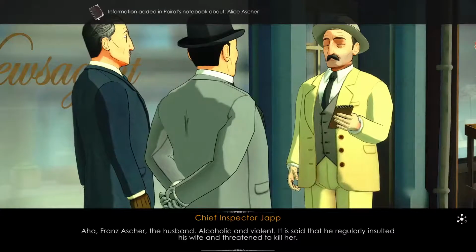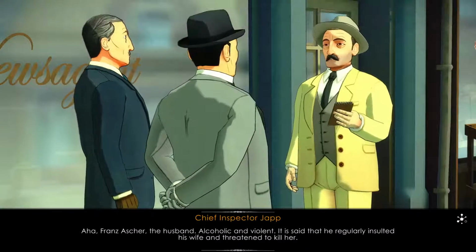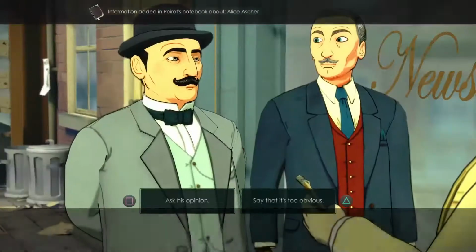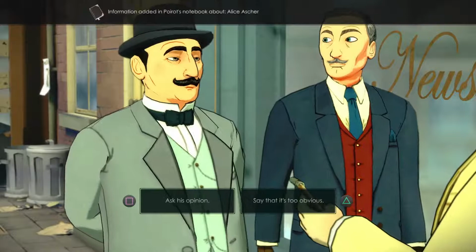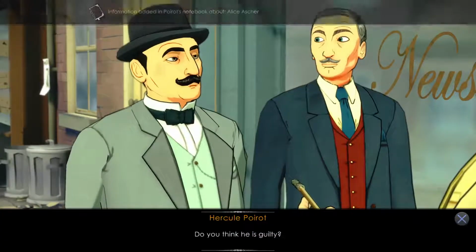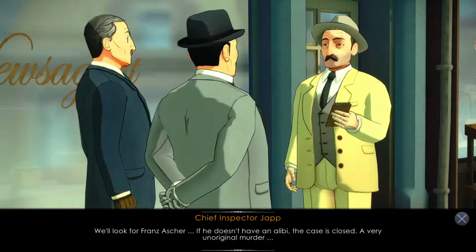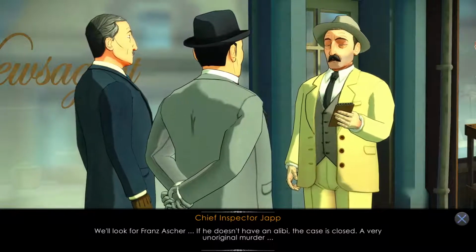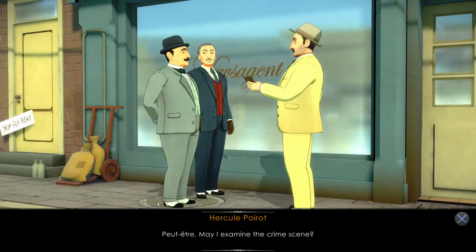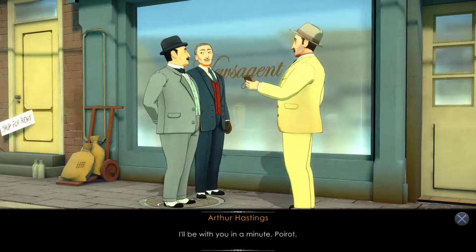Aha, Franz Asher, the husband. Alcoholic and violent. It's said that he regularly insulted his wife and threatened to kill her. Do you think he's guilty? We'll look for Franz Asher. If he doesn't have an alibi, the case is closed. A very unoriginal murder. Peut-être. May I examine the crime scene? Of course, old chap. I'll be with you in a minute, Poirot.